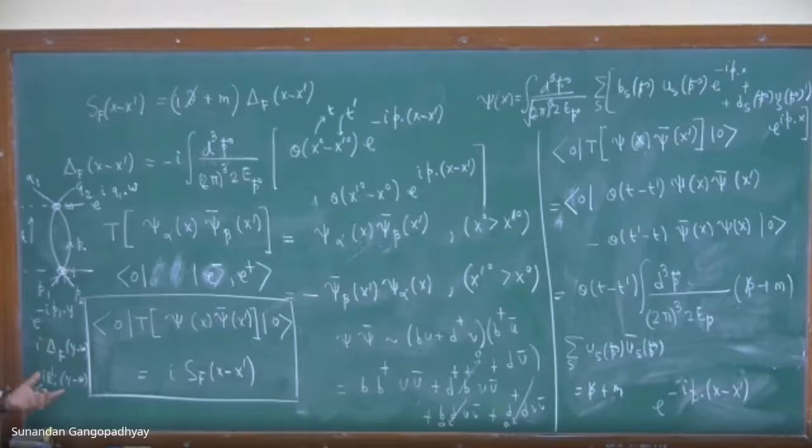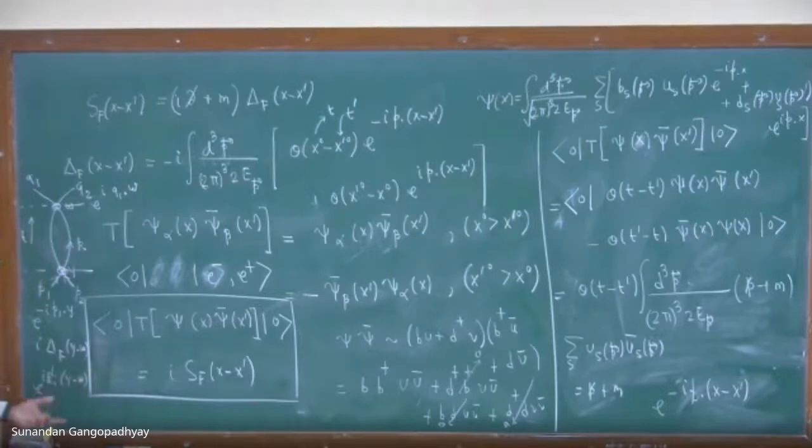Why did I do that? Because this line is on the upper side of the plane, so I put plus i k dot y. But this line, when it enters, is on the lower side of the plane, so I use minus i k dot w. That is the reason I used it this way.